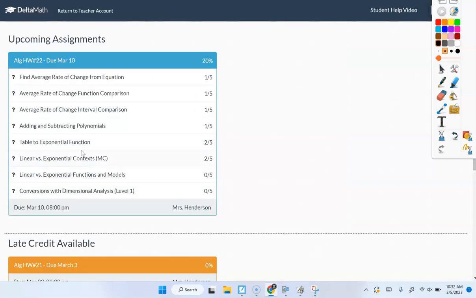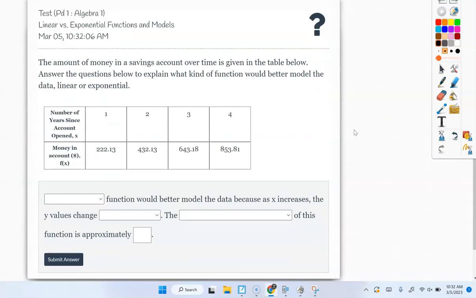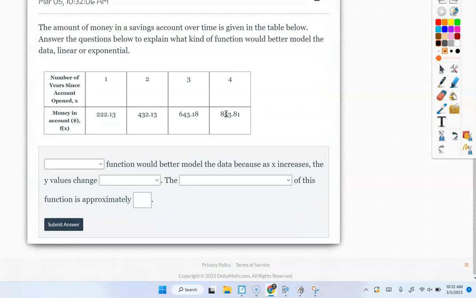So let's take a look here. Exponential models and linear models. We're looking here at a chart, and I don't exactly know whether it's linear or exponential when I look at it. So what I might do is some quick math with my calculator. I'm going to do 432.13 minus the number before it, 212.13. Let's see what I get. I get a difference of 210.